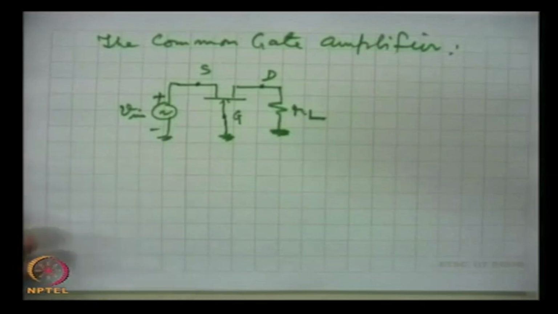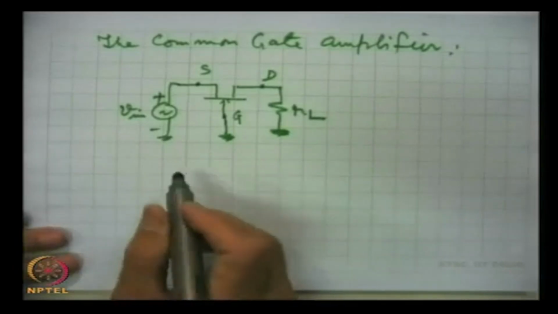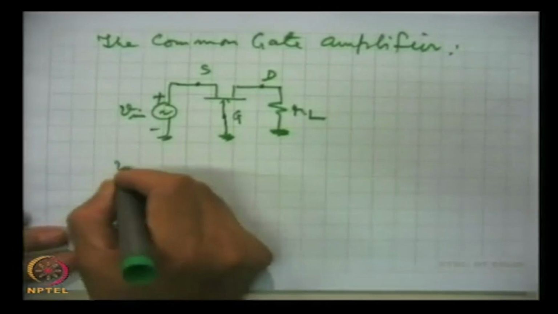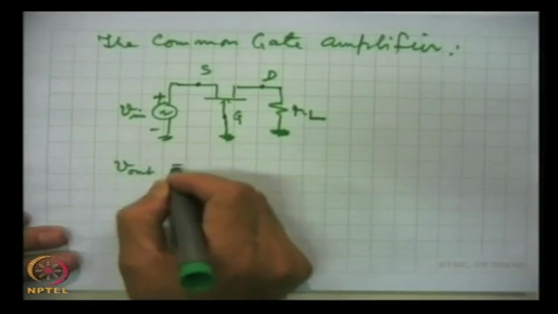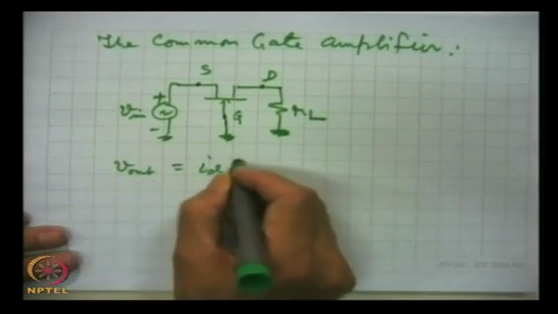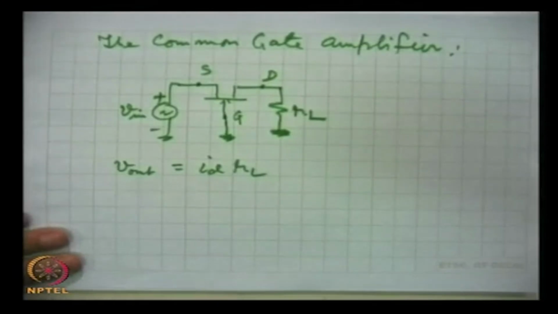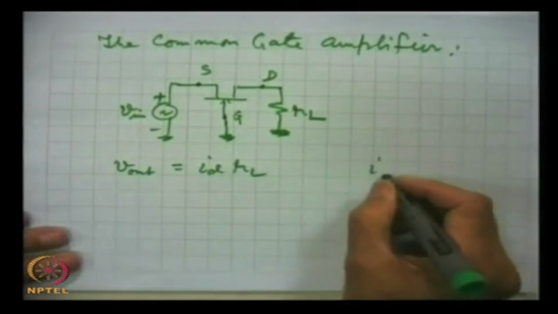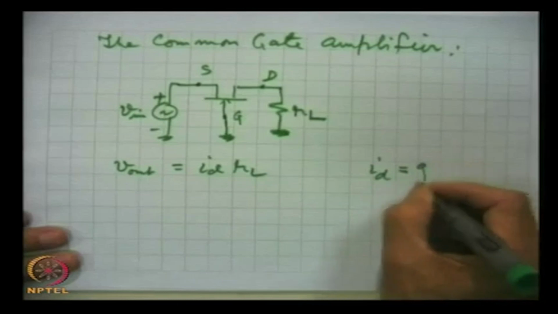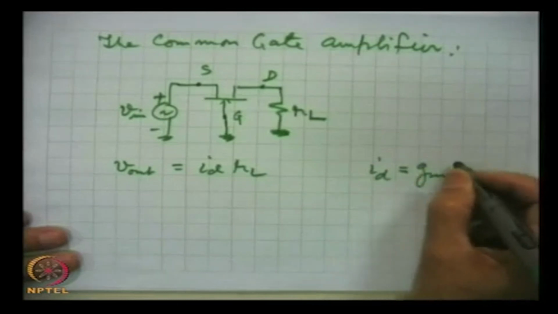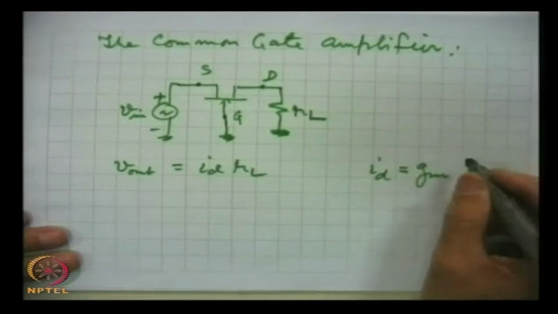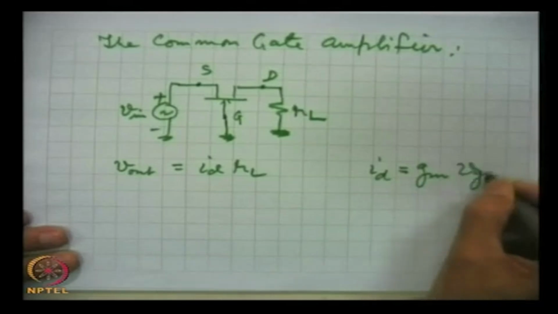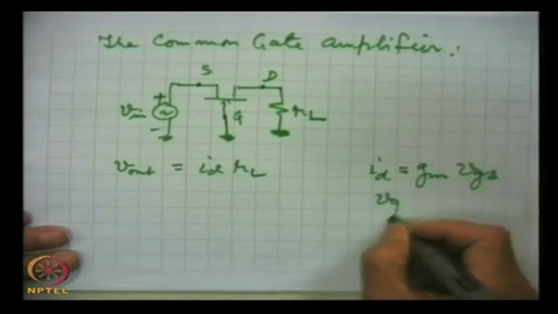Here V out is ID into RL, and ID is GM into VGS, and VGS is the same.